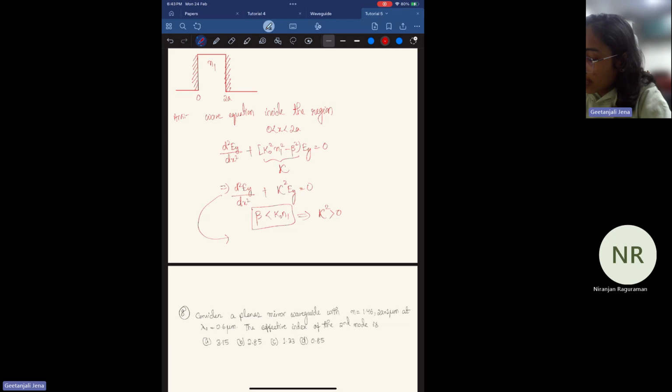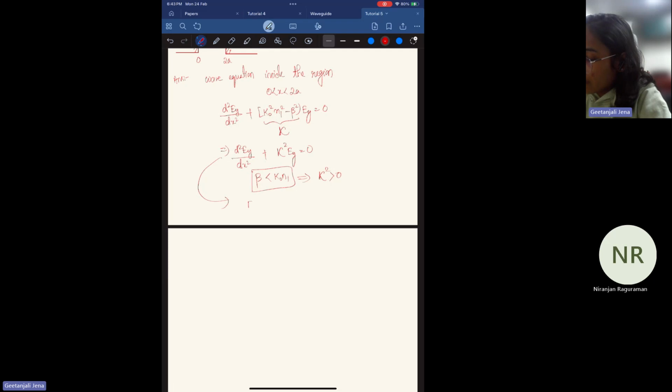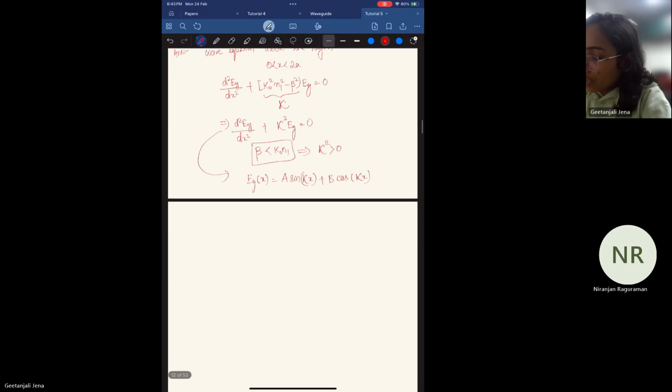So when kappa squared is greater than 0, we have the solution Ey(x), which, I think you know, is a combination of sine and cosine. To find the values of A, B and kappa, we need boundary conditions.